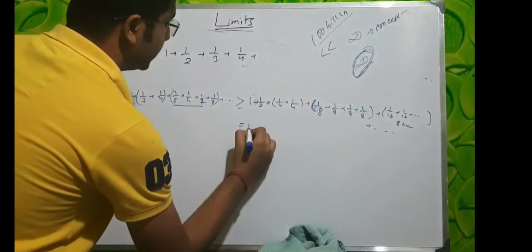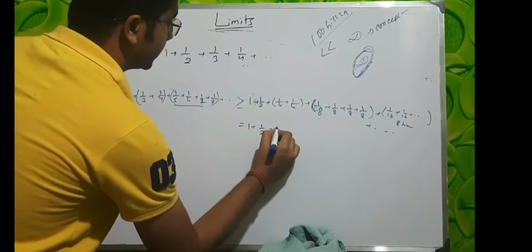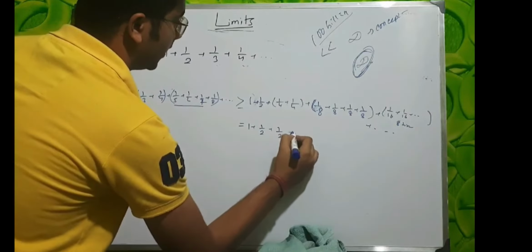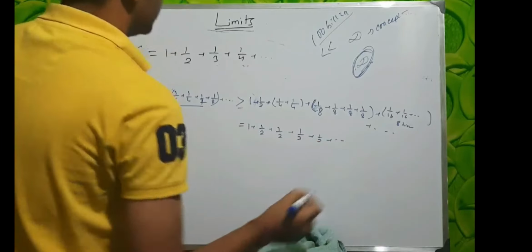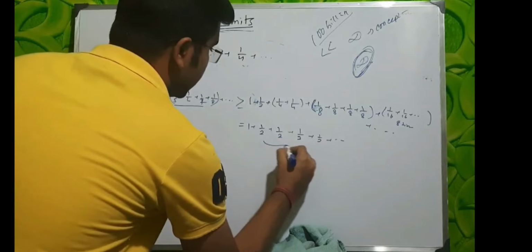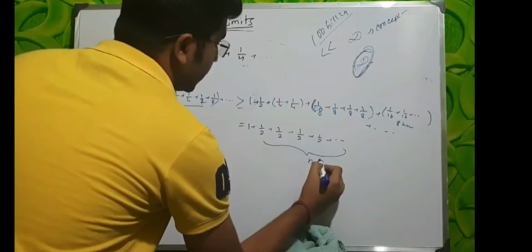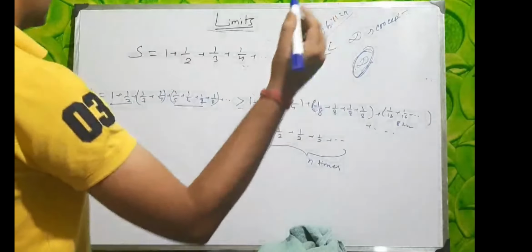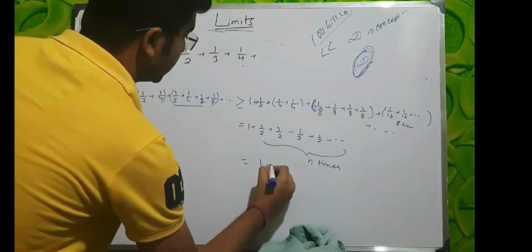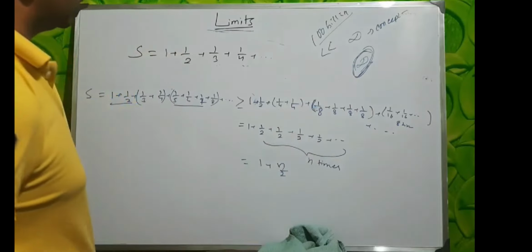So what are we getting here? All braces are giving us half, right? So I take this, say, n times. I'm not saying n is finite or infinite, I'm not arguing about that, I'm just taking n times. So this is 1 plus n over 2.